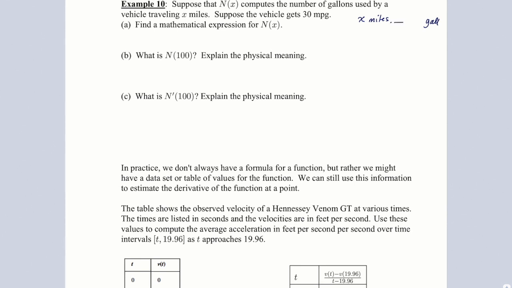I want the miles to cancel out and leave me with gallons, so I better put miles in the denominator and gallons in the numerator. So I get 30 miles per gallon, and now I can see that what I want is to do x divided by 30. So I can see n of x is going to be x over 30 gallons.